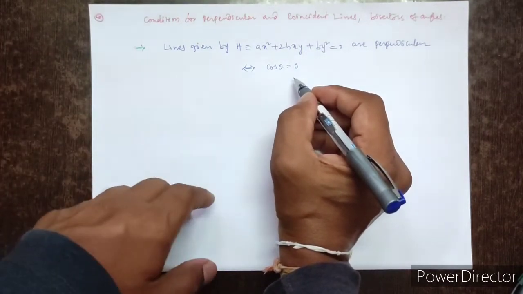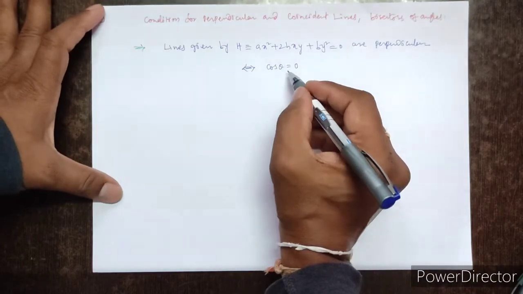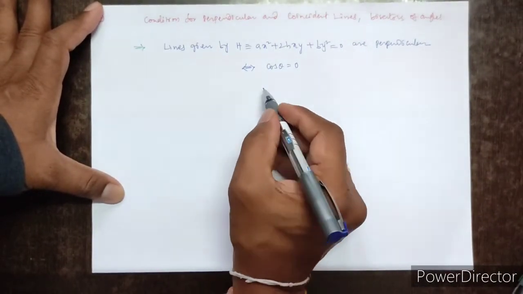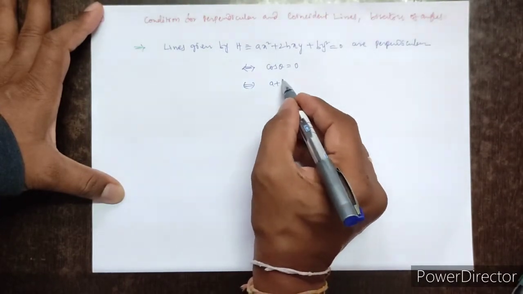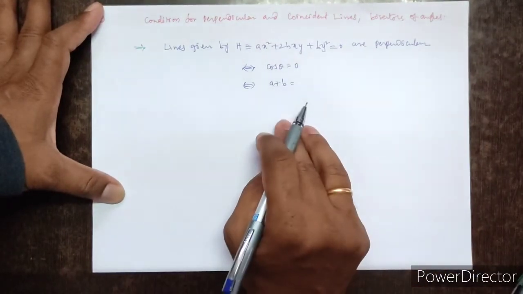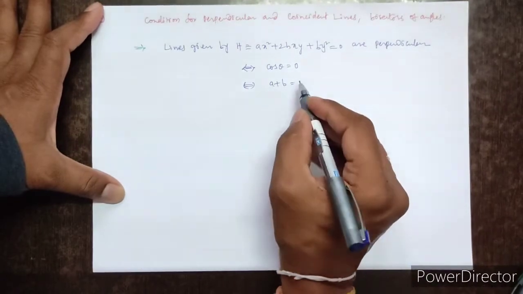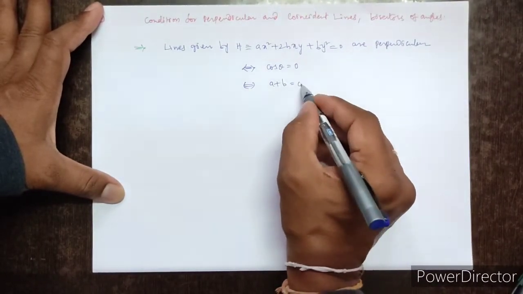Cos theta is modulus a plus b over under root of (a minus b) whole square plus 4h square, so we get a plus b equal to 0.